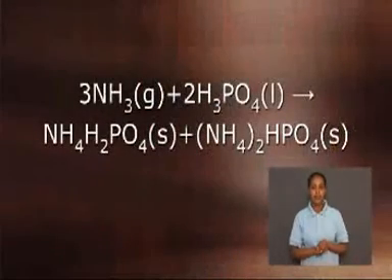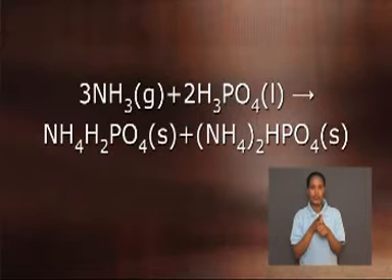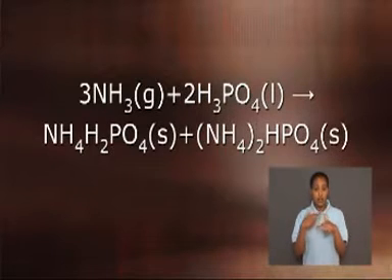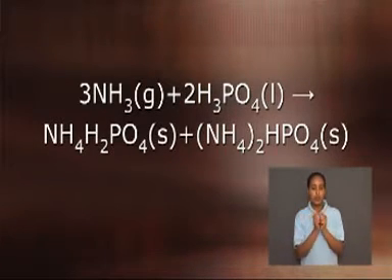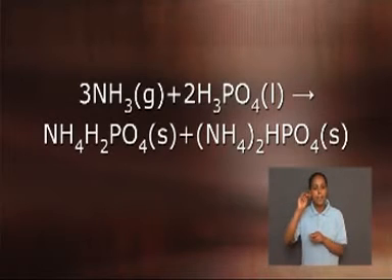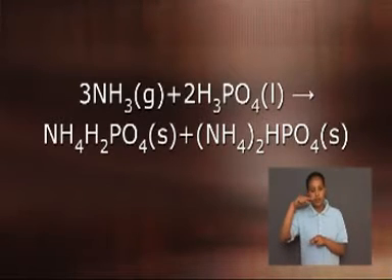Diammonium monohydrogen phosphate is industrially produced when ammonia reacts with phosphoric acid. This is a two-step process which we will now go through together. In step 1, anhydrous ammonia reacts with phosphoric acid to form monoammonium dihydrogen phosphate and diammonium monohydrogen phosphate.